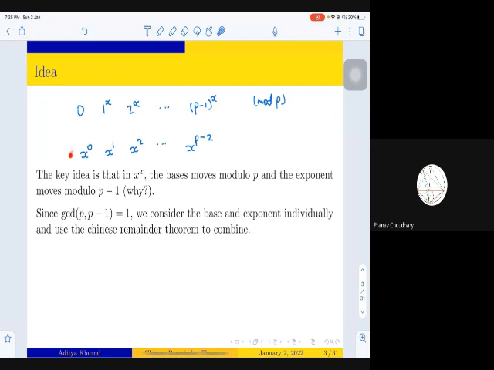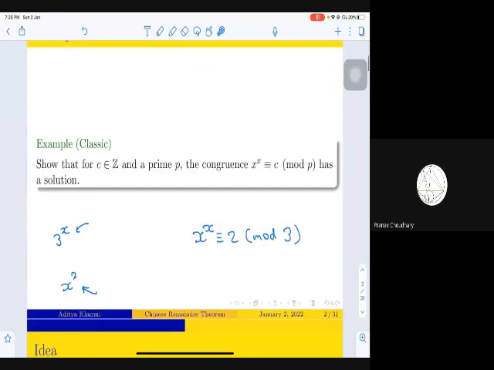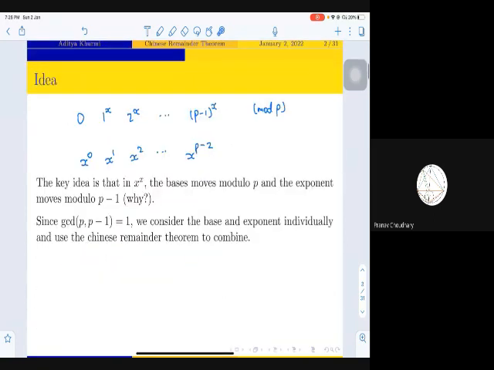If we fix the base, then we can find a power which gives c modulo p, because that's our final goal. Suppose you have one solution, so that 2 raised to x is congruent to c mod p, then p plus 2 would also be a solution, and 2p plus 2 would also be a solution. So the base follows a congruence modulo p, and similarly the exponent follows a congruence modulo p minus 1. Since p and p minus 1 are co-prime, you can combine those congruences using the Chinese remainder theorem. So that's the idea.